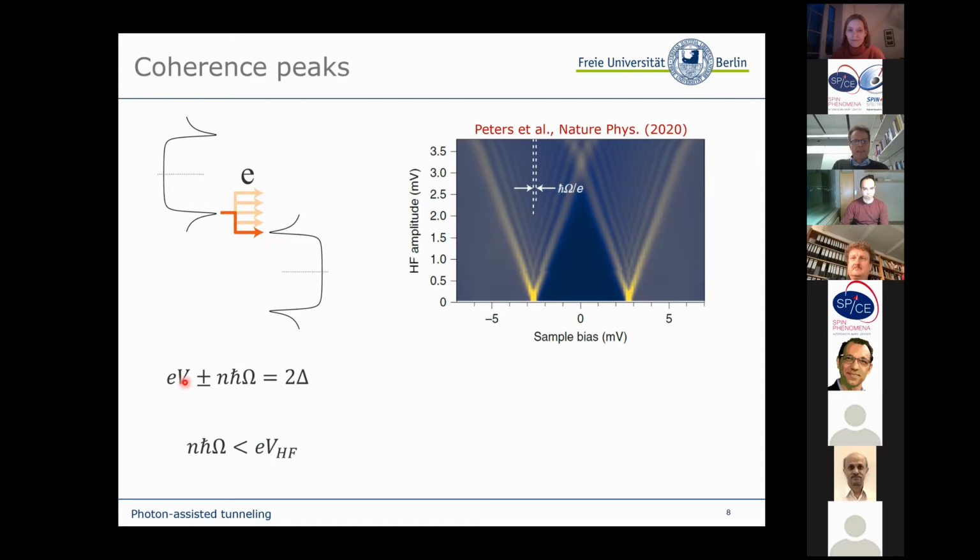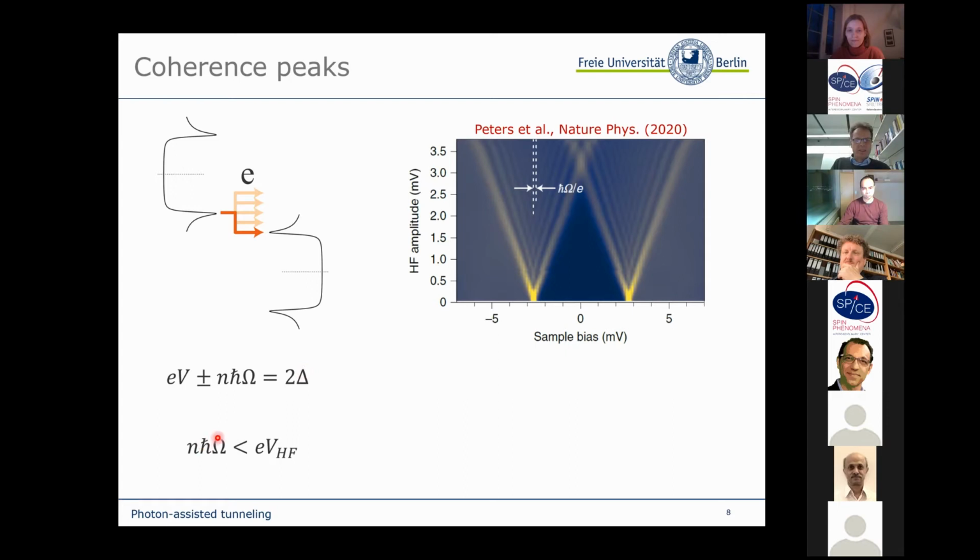So the tunneling electron now not only gains the energy eV from the bias voltage, but also emits or absorbs any number of photons, and that combined has to give the energy of the two created quasi-particles, 2Δ.